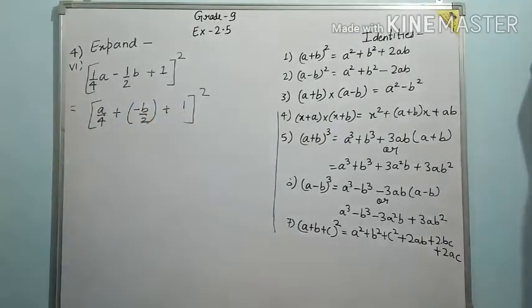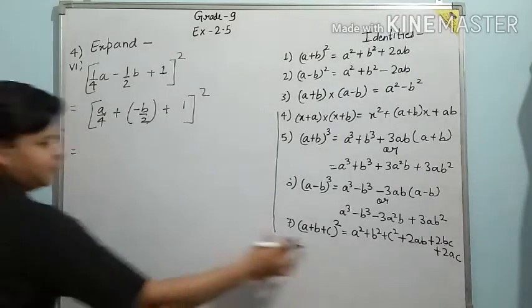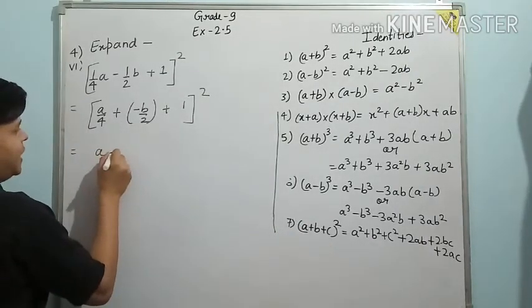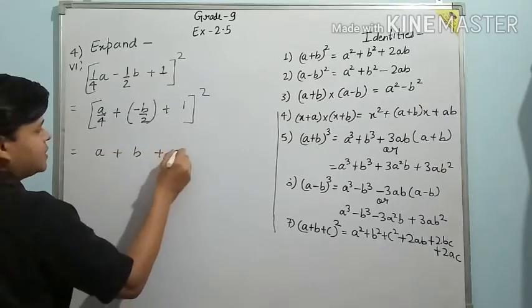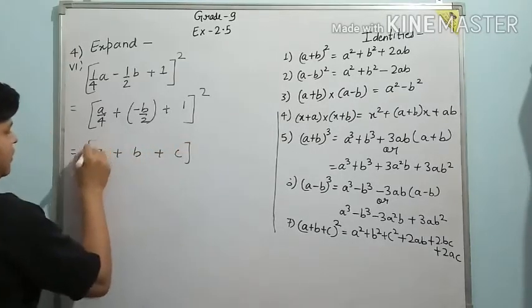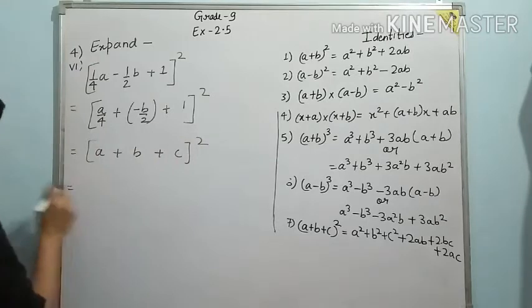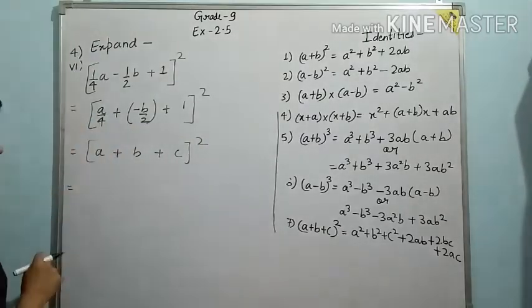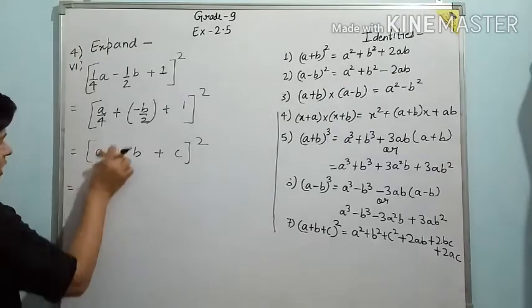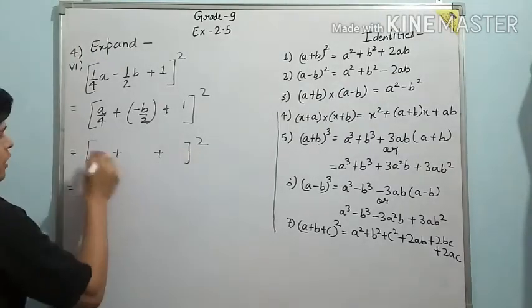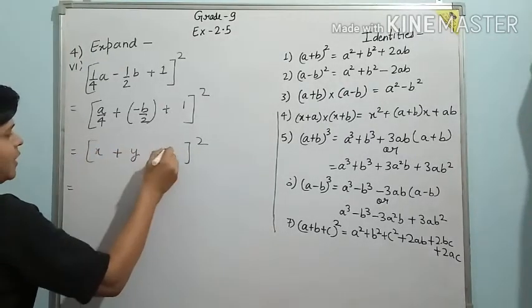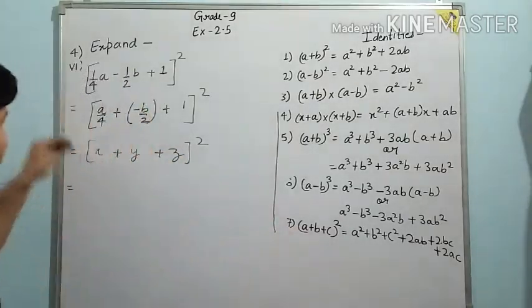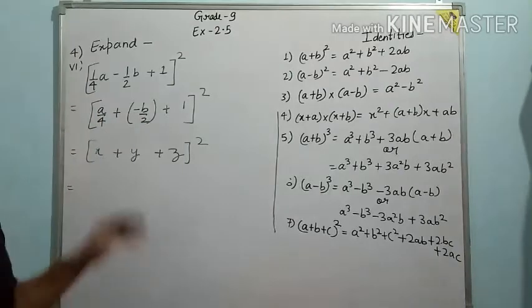So now write this form here so that we can compare easily, that this is a plus b plus c and then square. As you all can see, in place of a we have to put a upon 4, right? Or we can write here x, y, z, to avoid the confusion. I have just changed the variables only because in the question also a and b are given, so we can get confused.